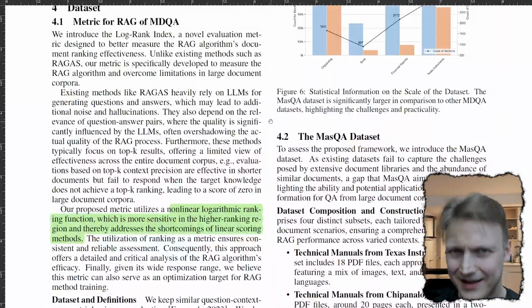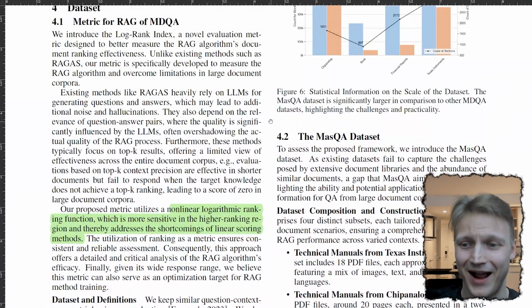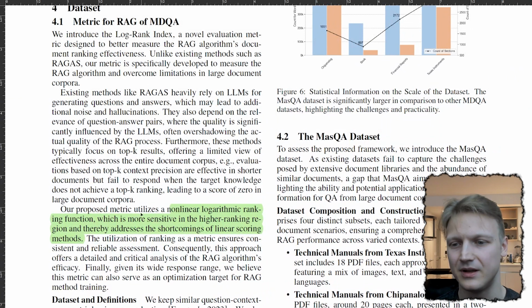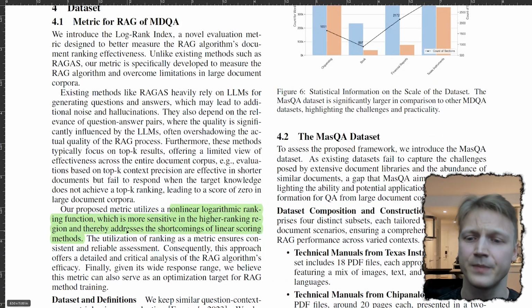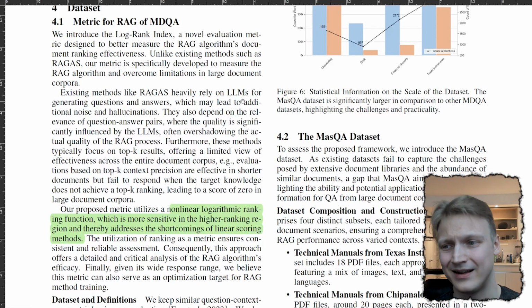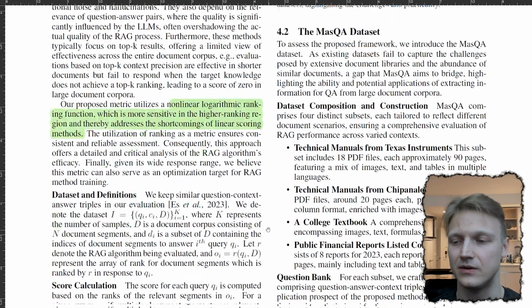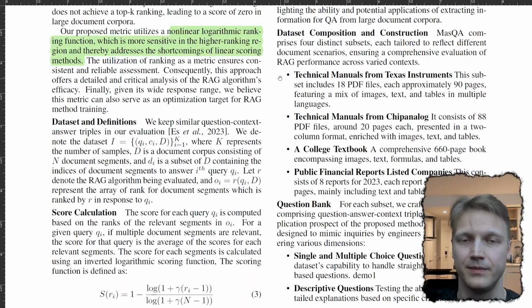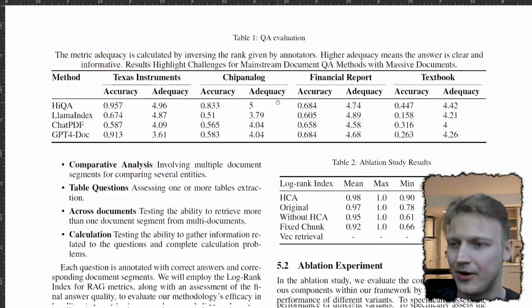To measure the effectiveness of the proposed method, they introduce a new metric for RAG. And as it's claimed, it utilizes a nonlinear logarithmic ranking function, okay? And that addresses shortcomings of linear scoring methods such as RAGAS. They're also coming up with a multi-QA dataset to be able to compare the various RAG mechanisms for that matter, okay?